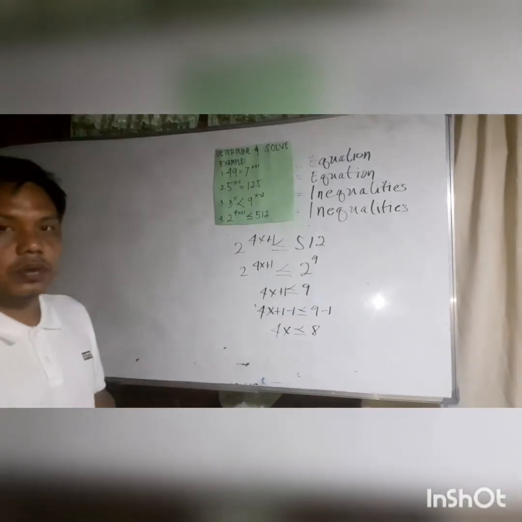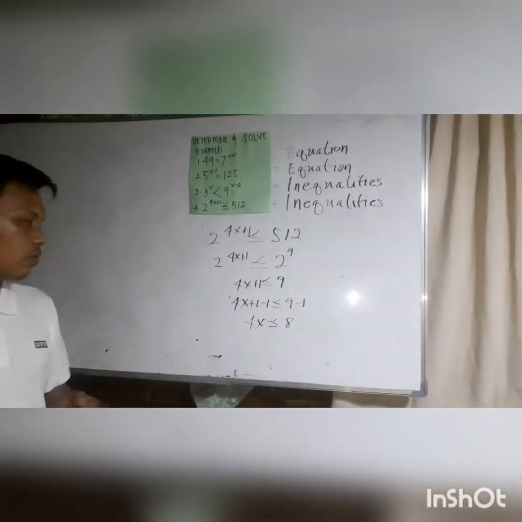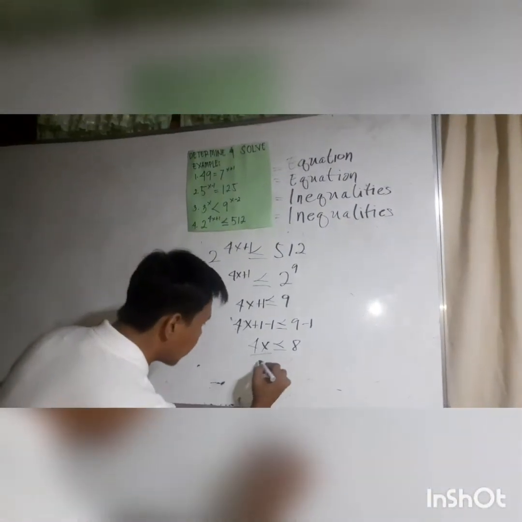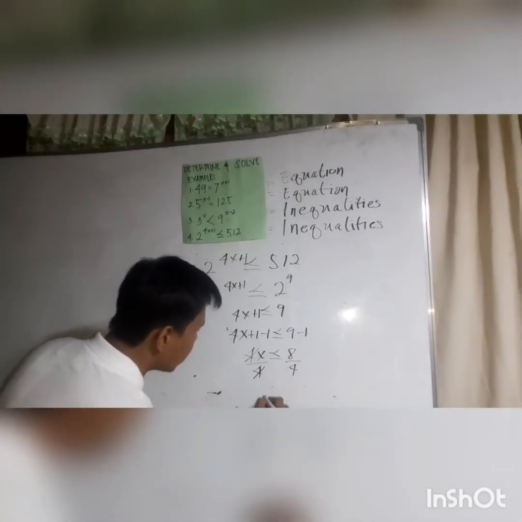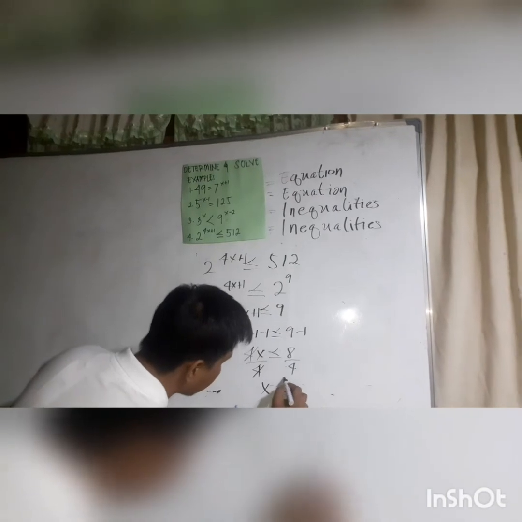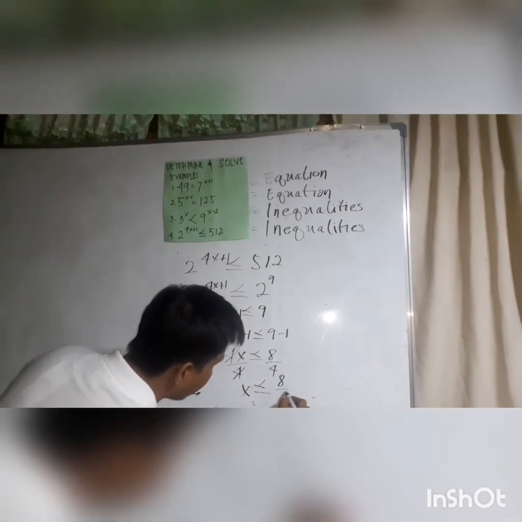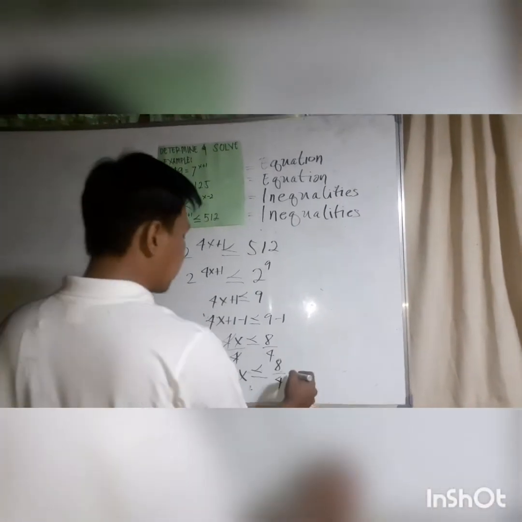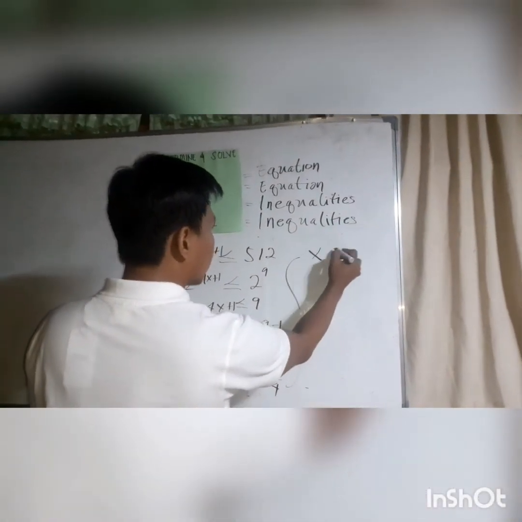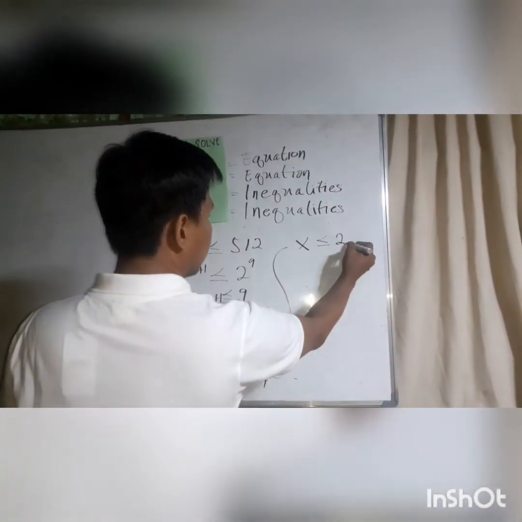So how do we get this x alone? By simply dividing by 4, dividing by 4, cancel this. With x now is less than or equal to 8 over 4. So 8 over 4 is equal to 2, x less than or equal to 2.